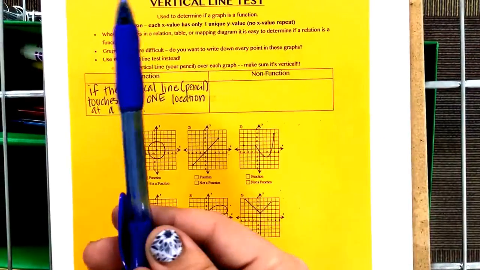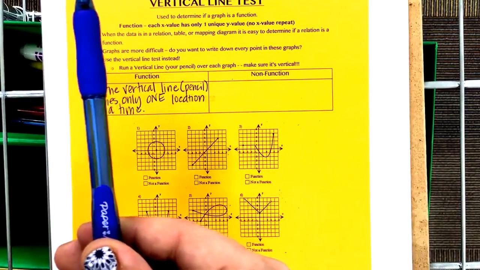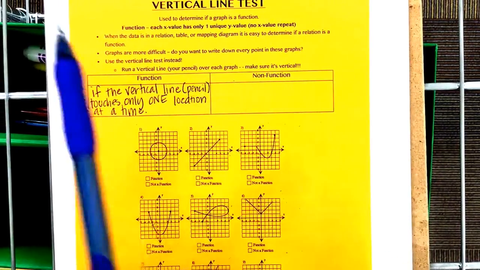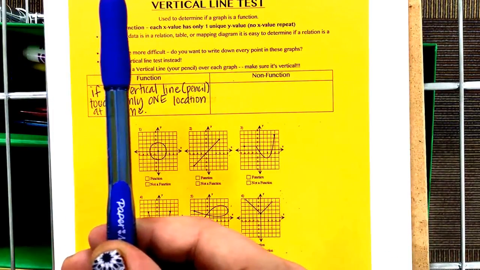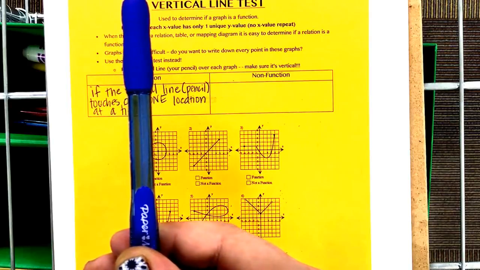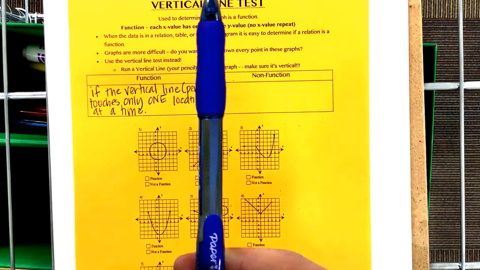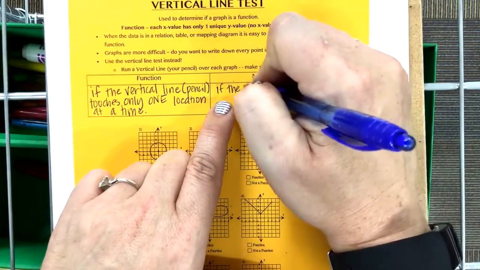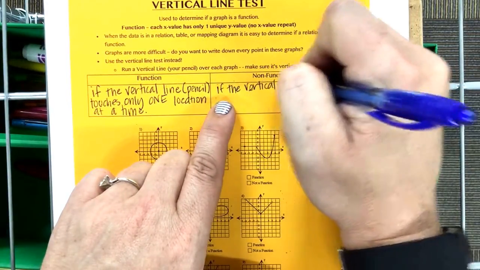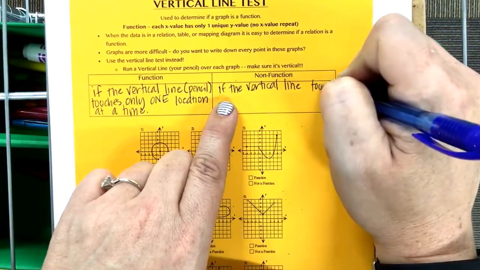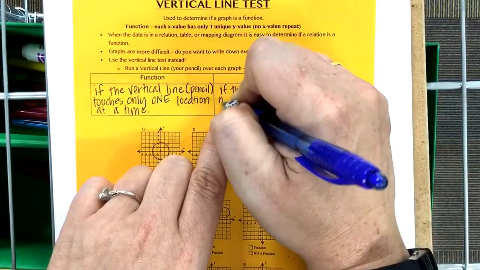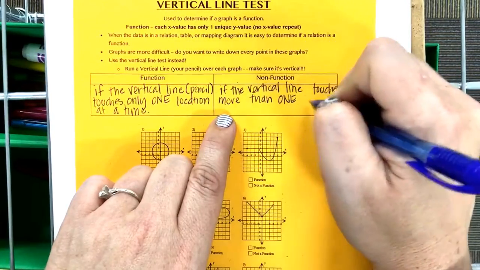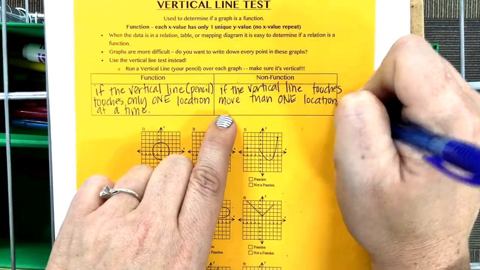So you're going to use your pencil or pen as a vertical line, and you're going to drag it vertically up and down across the graph. And if as you drag it, it only touches the graph one spot at a time, yes, it's a function. It's not a function if the vertical line touches more than one location at a time.